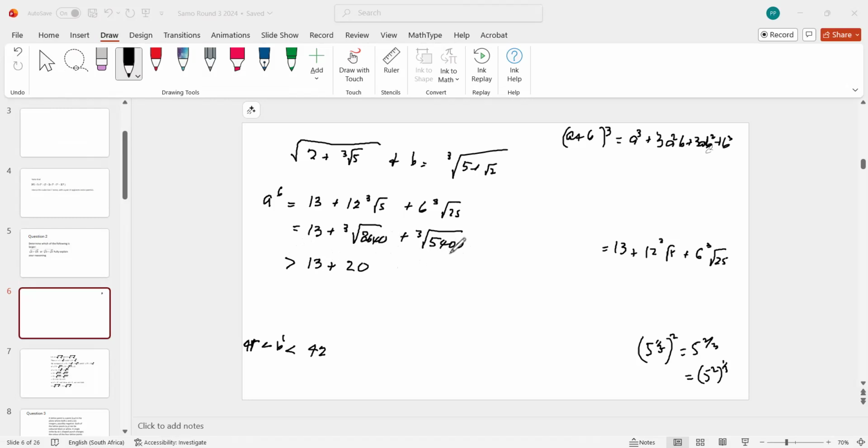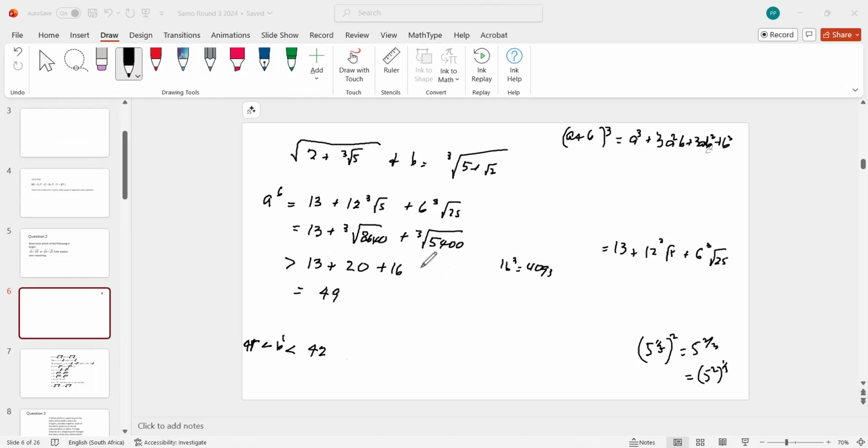The closest I can get to for the other is 4,096, which is 16 cubed. It might be easier to take 10 cubed. This is greater than 1,000, and the cube root of 1,000 is 10. So you've got 13 plus 20 plus 16, which is 49. So this number here is bigger than 49. This is less than 42. So that gives you the answer.